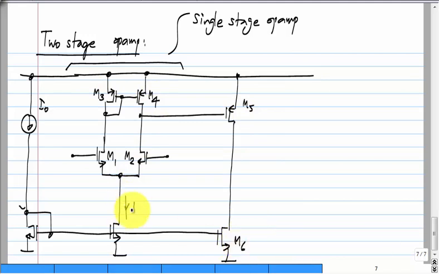And let us denote the bias current in the first stage by I naught and the second stage by I5, to say that that is the current that flows in the transistor M5. And as we saw last time, those are the plus and minus input terminals of the op amp, and that is the output terminal.